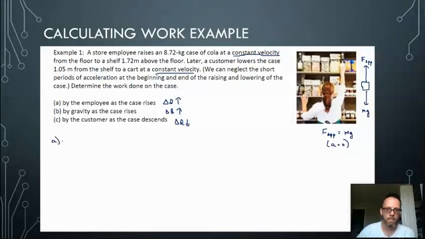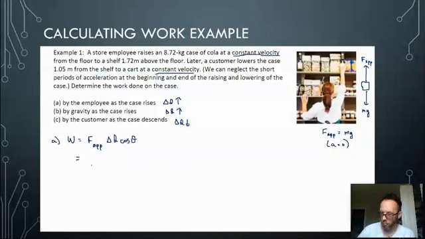So let's look at part A, and let's use our formula for work. So work equals, and because we're talking about the employee, we're looking at the work the employee does on the case. So we're looking at the force they're applying to it, their applied force, times delta D times cos theta.